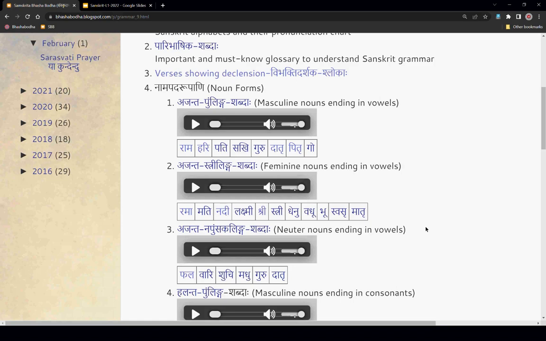Be it Kandukaha, Kandukena, Kandukasya, in any Vachanam, the base word is Kanduka, and the base word is called Pratipadikam in Sanskritam. What exactly Pratipadikam means, we'll discuss some other time, probably during the Karakam class if you're attending.